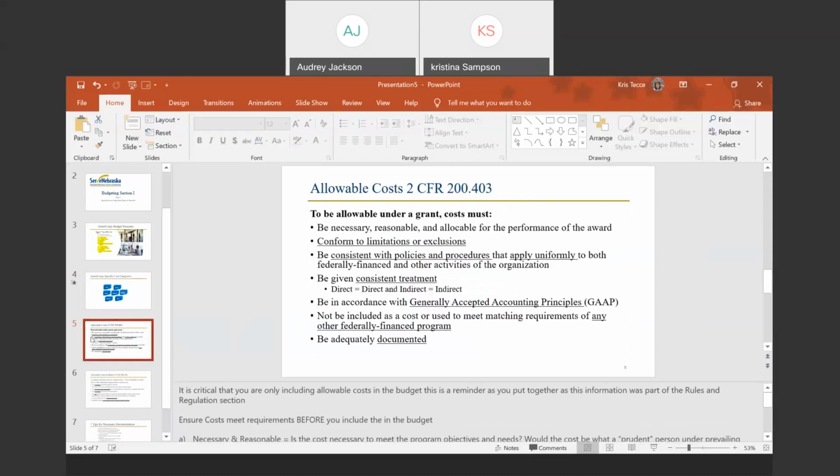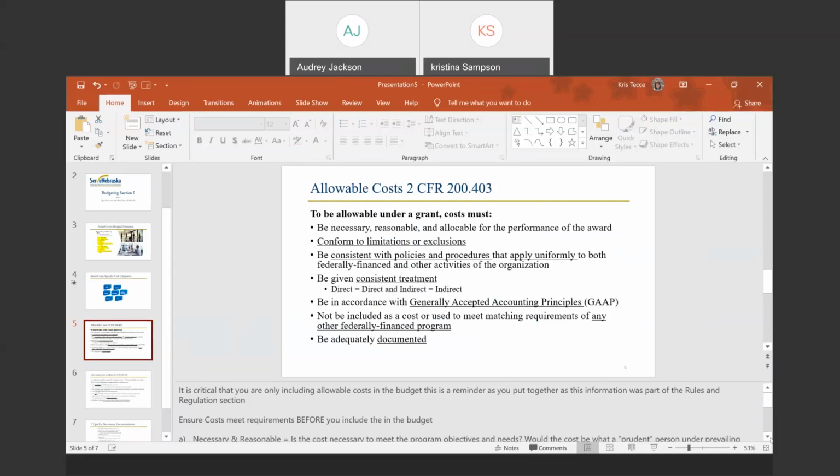Again, I like to refer to a lot of requirements. So looking at what an allowable cost is, you want to look at the Uniform Guidance Section 2 CFR 200.403. To be allowable under a grant, all costs must be reasonable and necessary for the performance of the award, conform to the limitations, be consistent with your policies and procedures that apply uniformly across federal and non-federal programs.